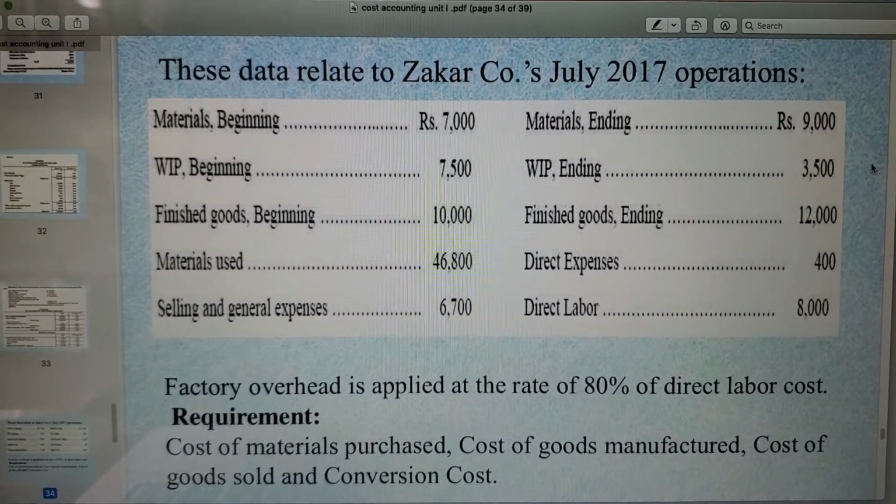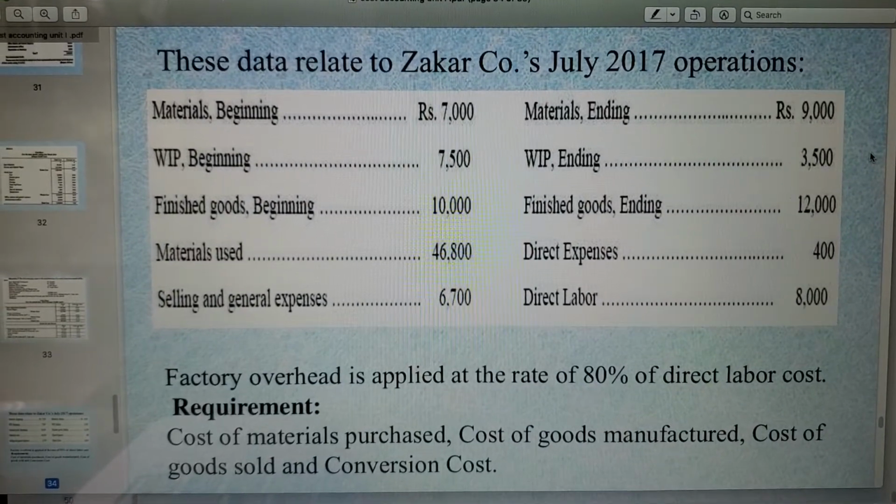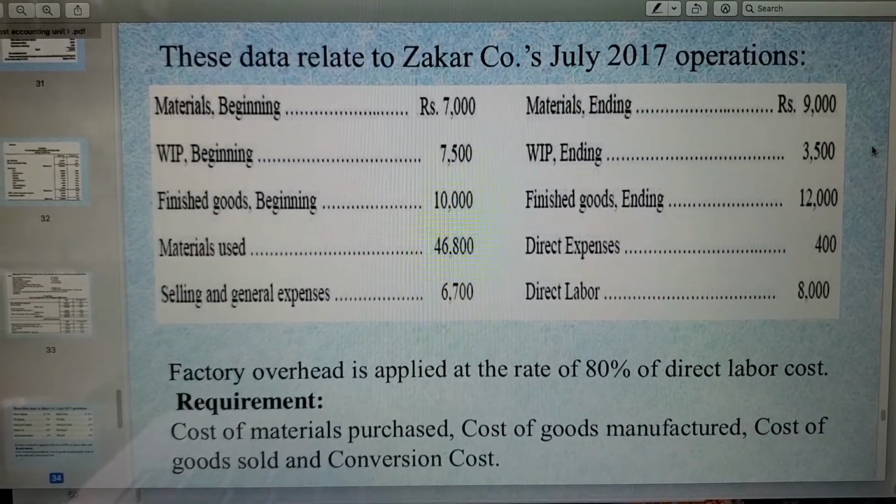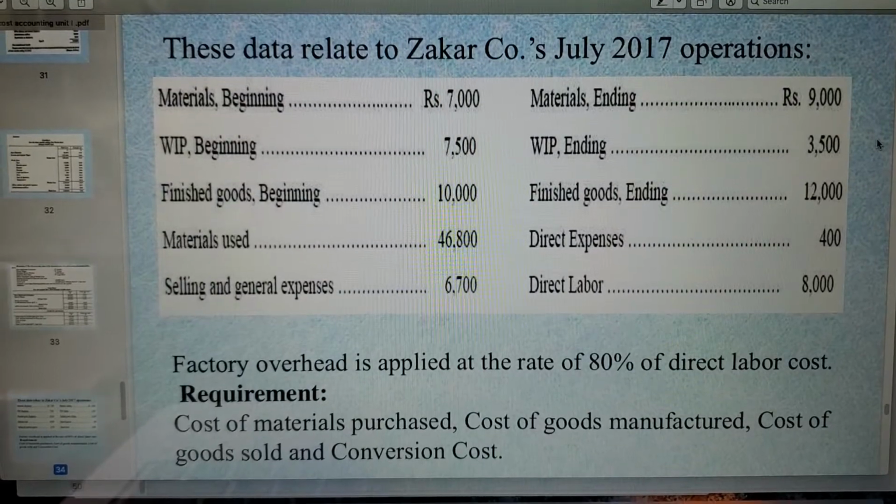data related to Zacher company's July 2017 operations.